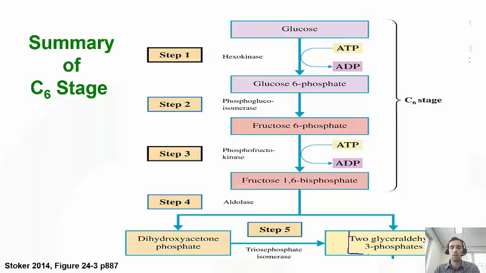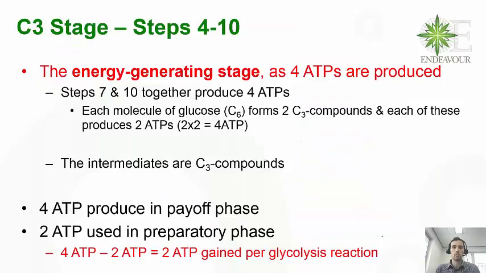So now we're left with 2 glyceraldehyde 3-phosphates, which we can proceed through the payoff phase with. These 5 reactions together are what we call the prep phase of glycolysis. They're the prep phase because we're using ATP up, and we're also creating the glyceraldehyde 3-phosphates, which are needed to continue glycolysis.